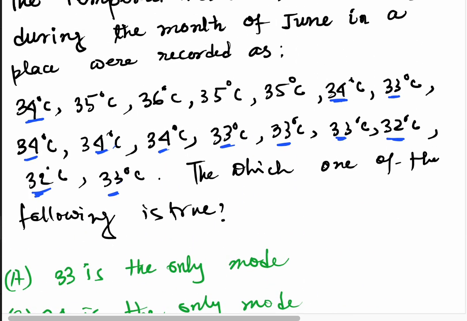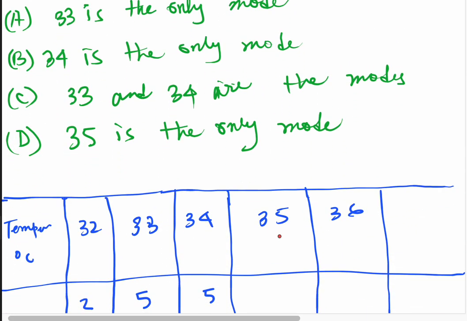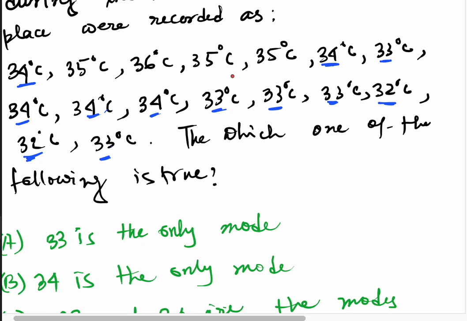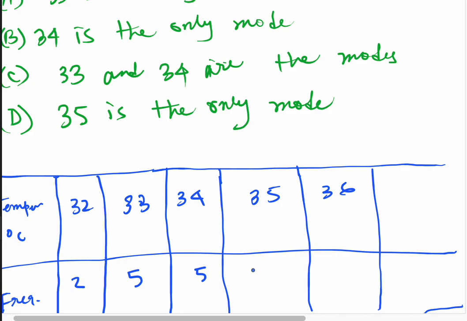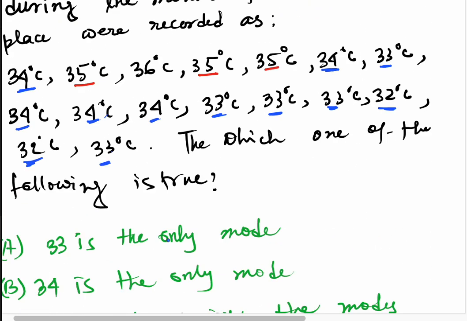Now how many 35s are there? Let's find it: 1, 2 and 3, so this is 3, and 1 36 is there.